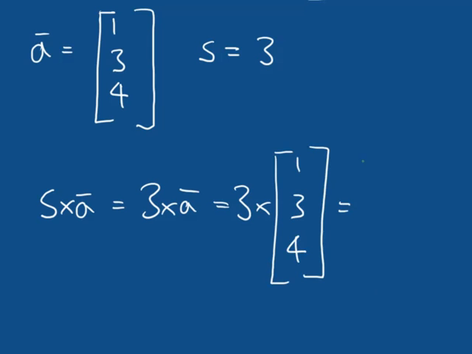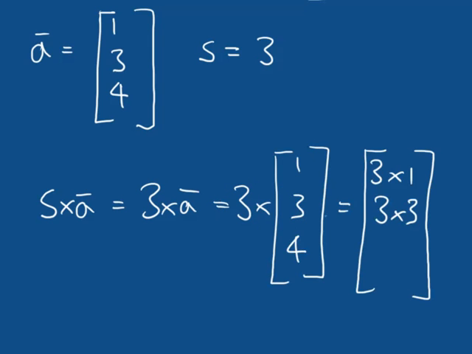The first component is going to be 3 times 1. The second component is going to be 3 times 3. And the third component is going to be 3 times 4.